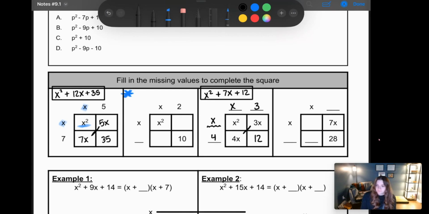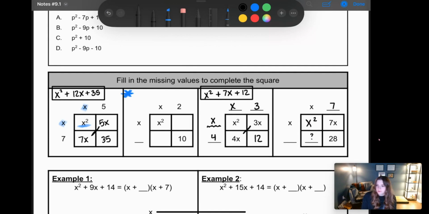Let's solve this one, okay? So on this one, again, x and x together give me x squared. What would have to multiply by x to get 7x? 7. Okay, now down here, let's see, x and something. Oh, okay, well that's kind of weird, right? We're missing something here.